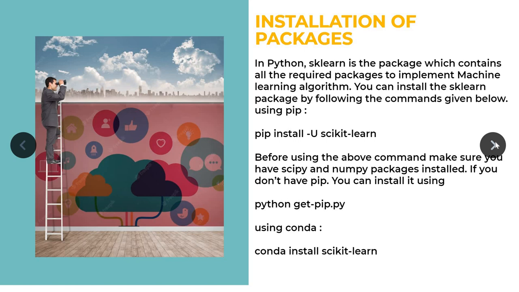Before using the above command, make sure you have scipy and numpy packages installed. If you don't have pip, you can install it using python get-pip.py. Using conda: conda install scikit-learn.